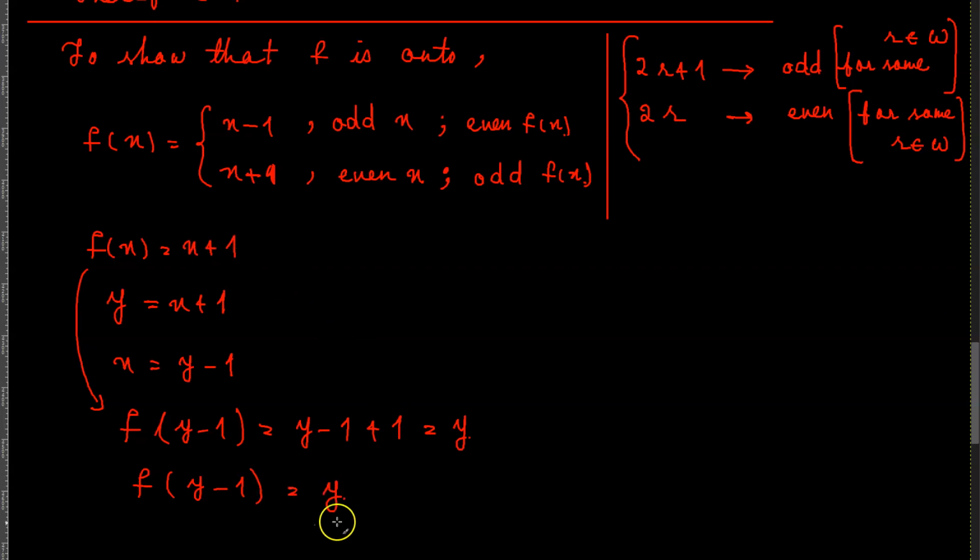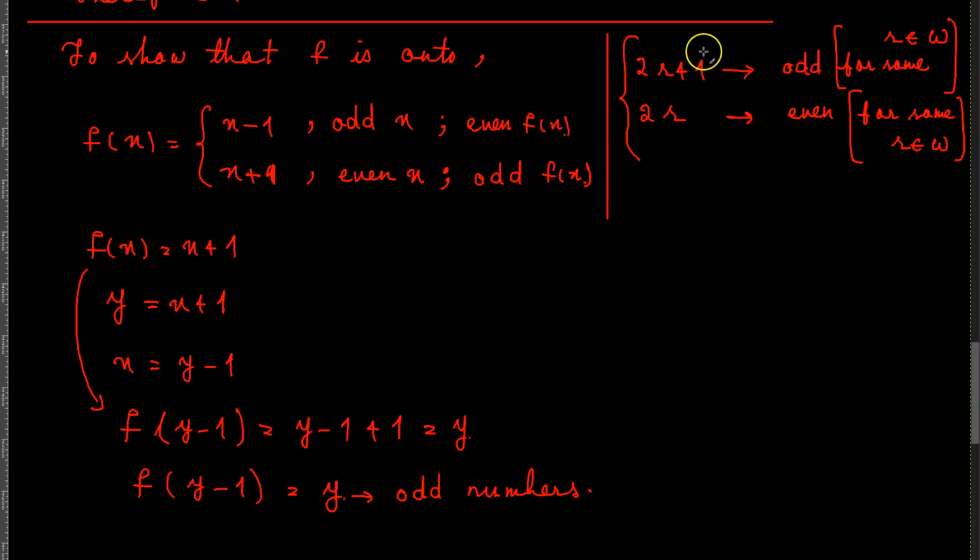So now these y's are all of course odd f of x's. These are all odd numbers. Now I can say that every odd number y that I can find in the codomain of this function is going to be the image of some y minus 1 in the domain of the function.